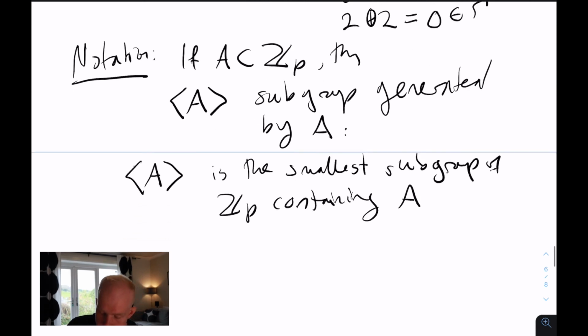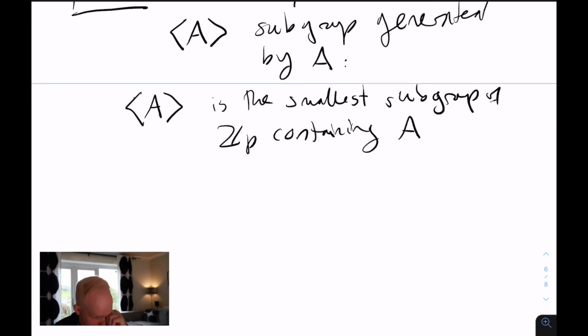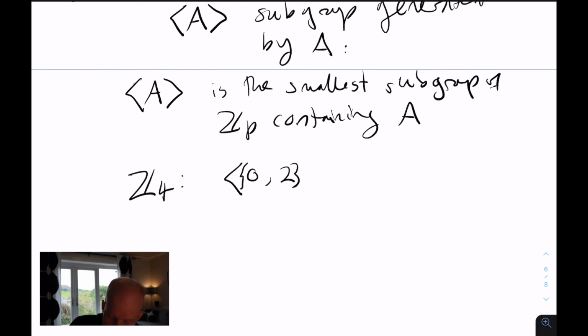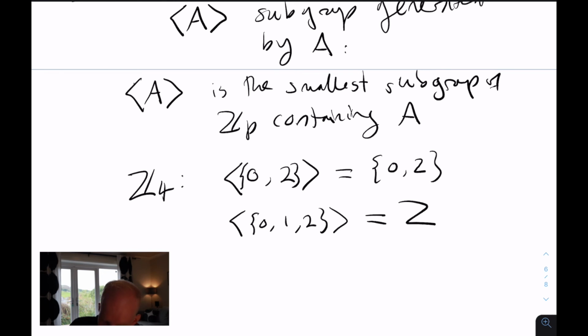So for example, a simple example is in Z4: the subgroup generated by 0 and 2 is just itself, because we knew that this was already a subgroup. But then, if you take 0, 1 and 2, the only thing that you get is Z4.